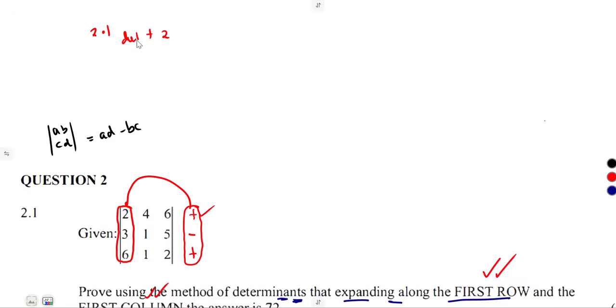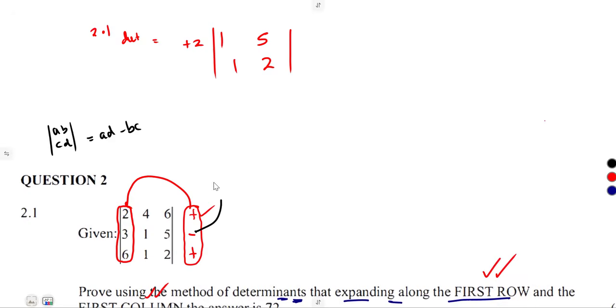Our determinant is going to be equal to plus 2 times the determinant obtained by closing the row and the column where that 2 is. As you can see, we're going to remain with 1, 5, 1, 2. Those are the numbers that we need. We move on to the second one.